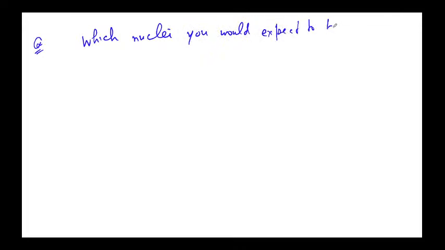Now sometimes there is a question where two isotopes are given and you have to find which is the stable isotope. So the question is, which nuclei would you expect to be more stable?